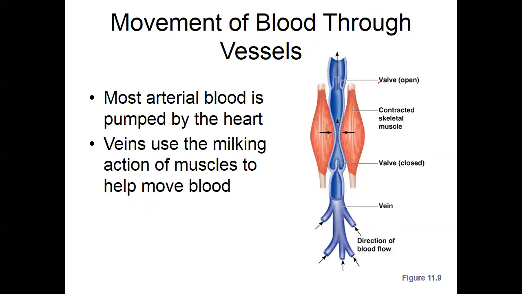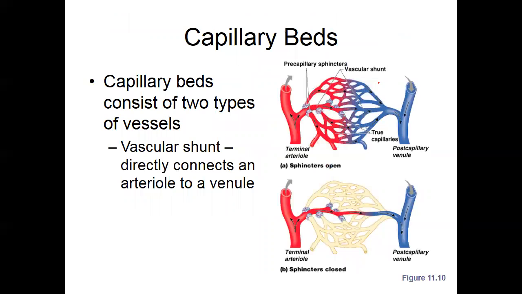The skeletal muscle contraction helping move blood back through the venous system. Capillary beds have what we call vascular shunts, if need be, by activation of the sympathetic nervous system. We look at the need to basically cut off a vascular supply to an area, to vasoconstrict.